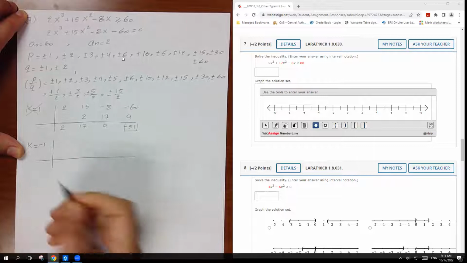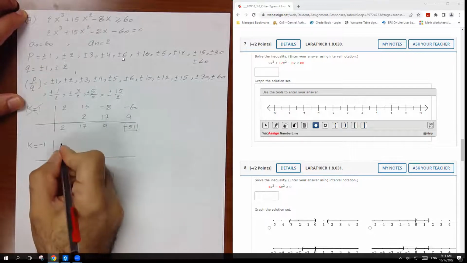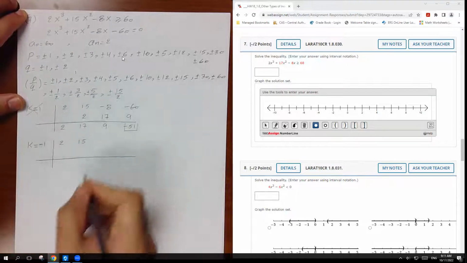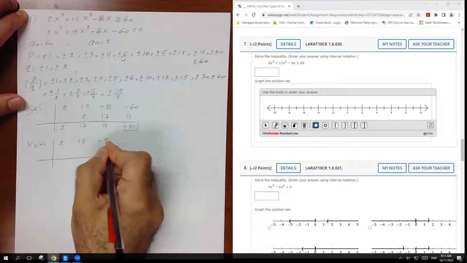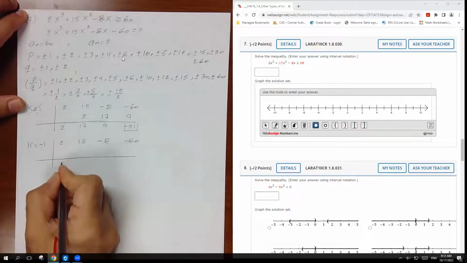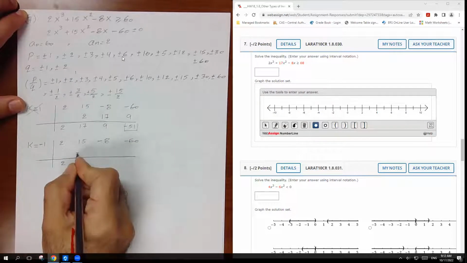And check if we're going to get a remainder equal 0. 2, 15, -8, and -60. Here is the 2. -1 times 2 is going to be -2.